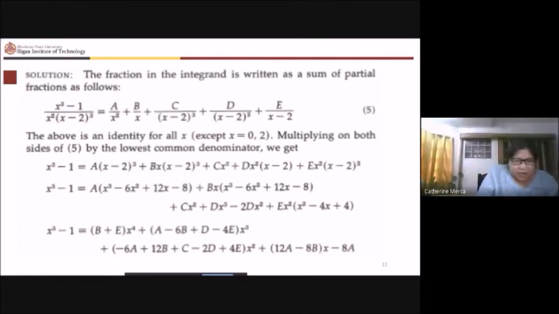Pag x cubed siya, ang mangyari is, you will have A over x cubed plus B over x squared plus C over x. So, descending yung order niya, but you should account for what is the highest and then down the line. Okay? Then, x minus 2 cubed. So, you will... Okay, so let's continue for a while, ha?